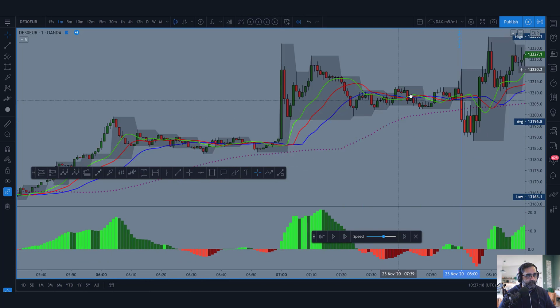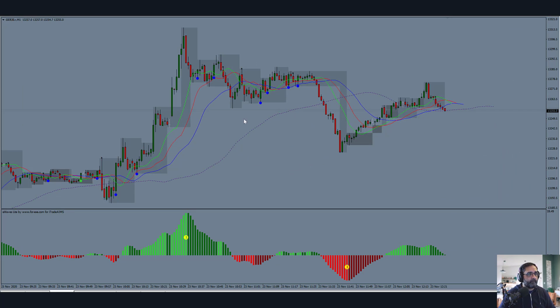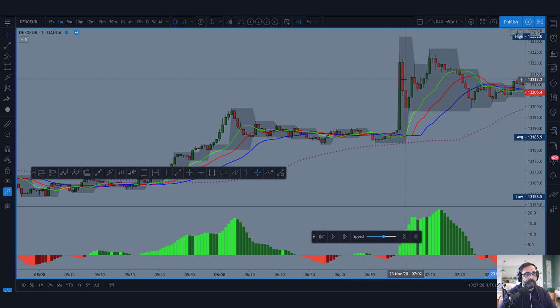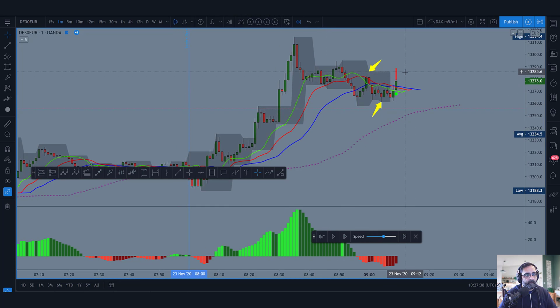Let's actually find another example. I'm going to find an example for a green box. Let's do this one. Okay, hold on, let me just change the color. Suppose this broke.